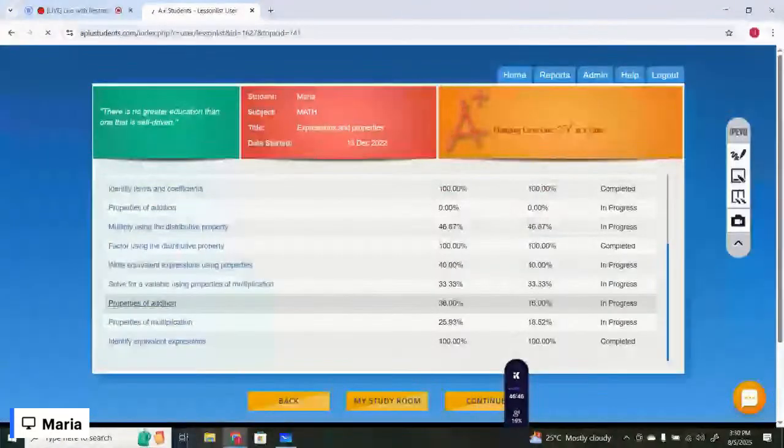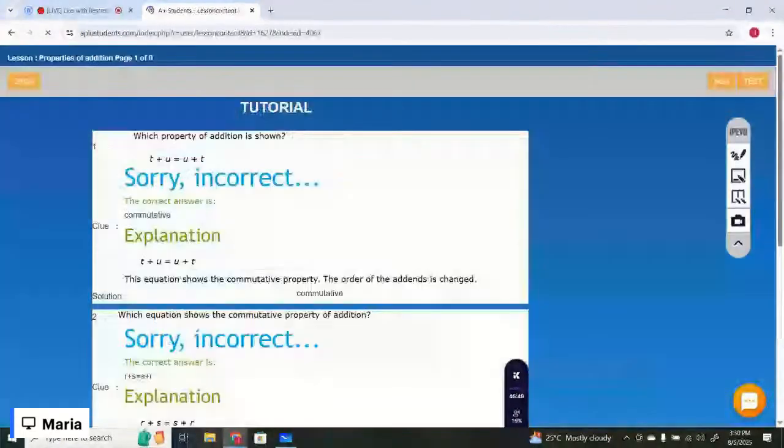Properties of addition. Which property of addition is shown?